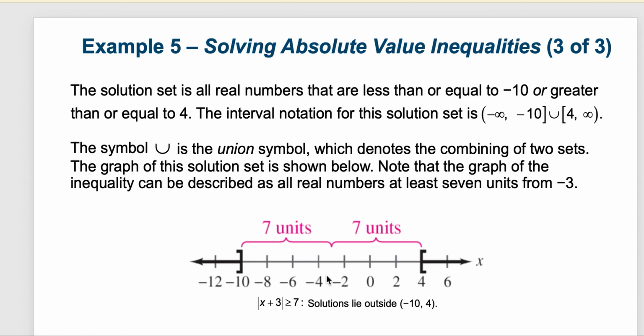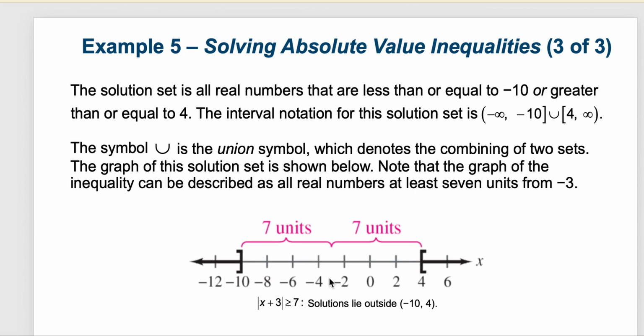Again, if you take a look at our original inequality, you had the absolute value of x plus 3 greater than or equal to 7. So x plus 3 would translate to x equals negative 3. So we go to negative 3 and we go 7 units to the right and 7 units to the left.